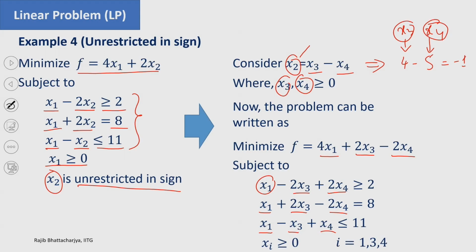Okay. And here now x i are greater or equal to 0, i equal to 1, 3, 4. So, 2 is not there. So, now we have variable x 1, variable x 3 and variable x 4.